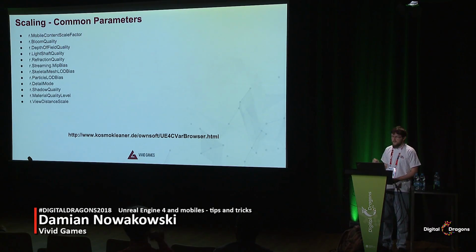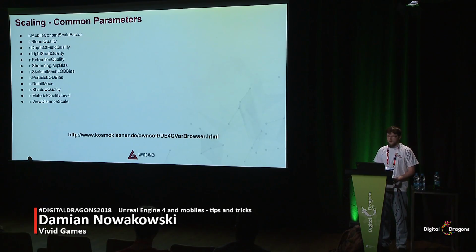I think this is self-explanatory, but if you are not using bloom or light shafts, I recommend setting this option to 0, so the engine will optimize the rendering pipeline and remove all of the unnecessary render passes.